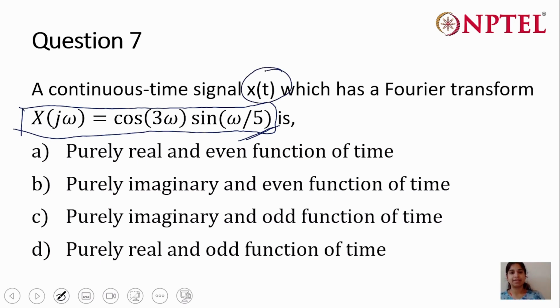What x of t is? Is it purely real and even function of time, or purely imaginary and even function of time, purely imaginary and odd function of time, or purely real and odd function of time? So with the help of Fourier transform, we are going to tell about x of t.